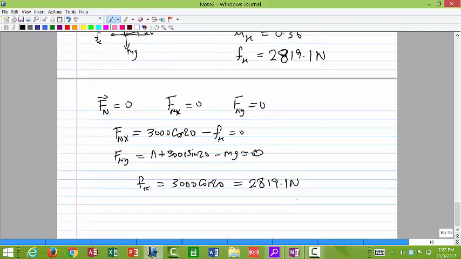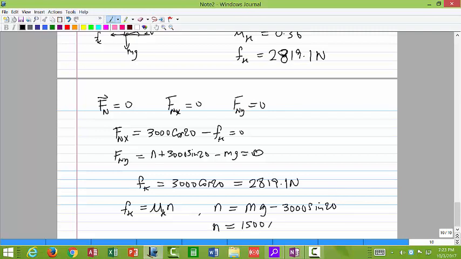And then right from there we can find mu k. So what is Fk? Fk is equal to mu k times N. Okay. And so we find N to be equal to mg minus 3000 sine 20. N is mg, which is 1500 times 10.